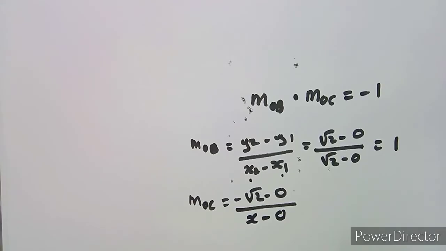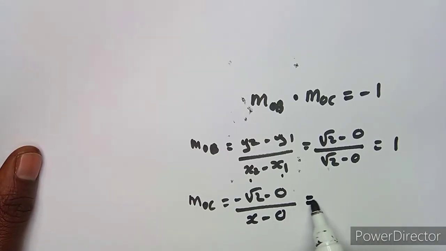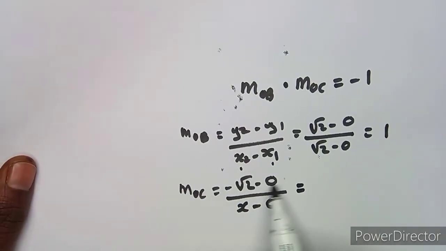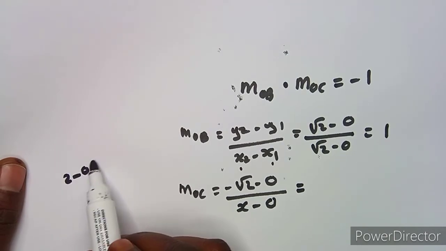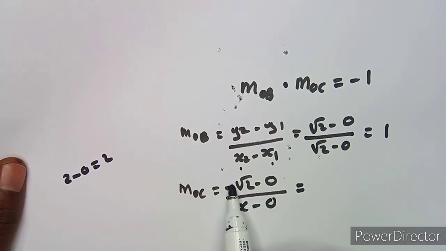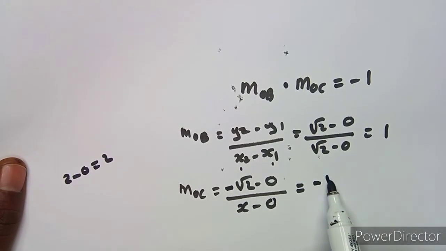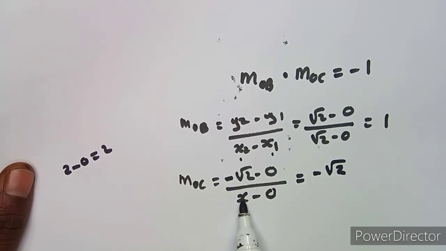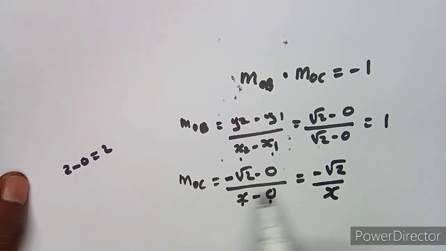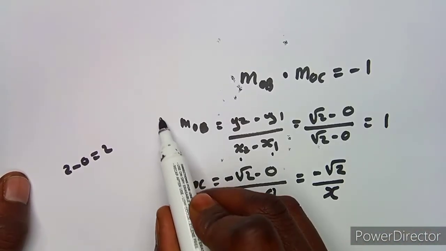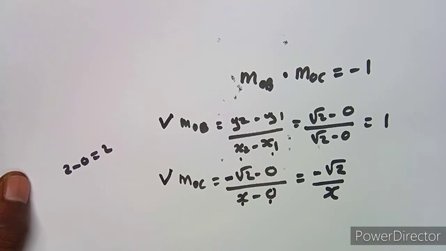We can simplify this. When you're subtracting a 0, there's nothing, just like 2 minus 0 is 2. So minus square root of 2 minus 0 is minus square root of 2. X minus 0 is x.